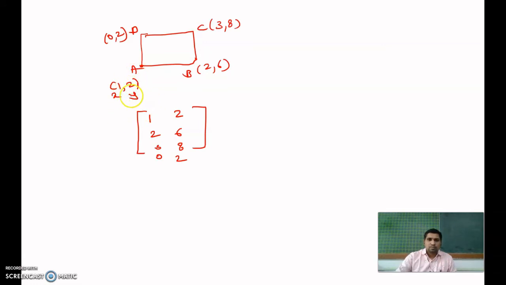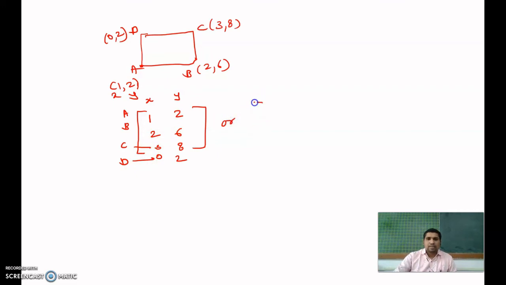So when we see the columns, we will get all x positions in column 1, and in column 2 all y positions, and on the rows we will get all the coordinates. A is 1, 2, B is 2, 6, C is 3, 8 and D is 0, 2.